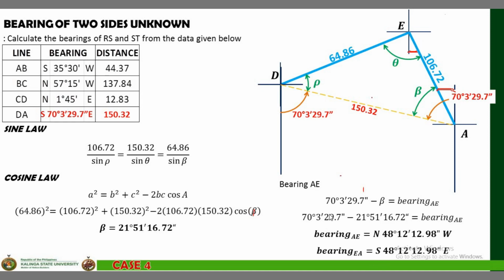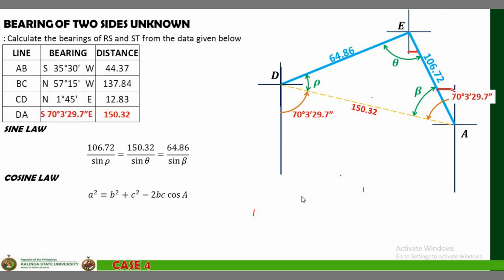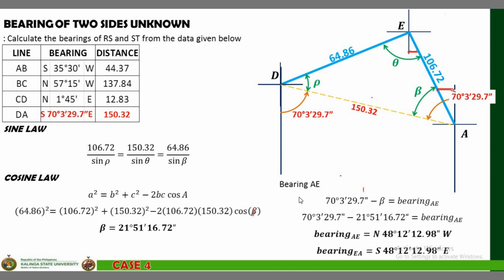Therefore, the bearing of EA is the same as 48 degrees 12 minutes. It's just that they have different directions. The bearing of EA is south 48 degrees 12 minutes 12.98 seconds east. So now we know the bearing of AE.